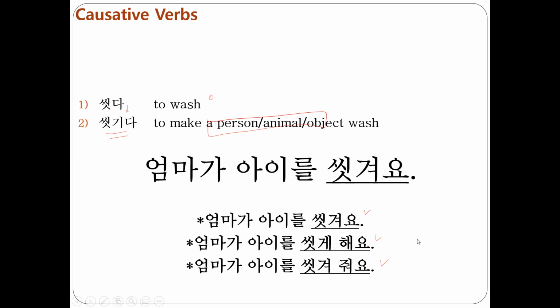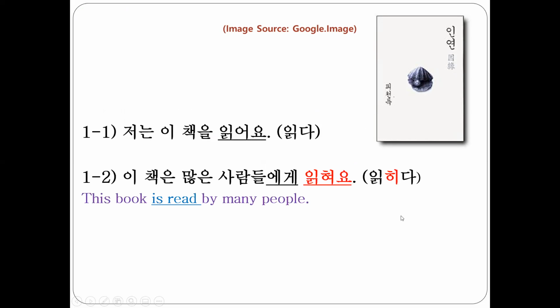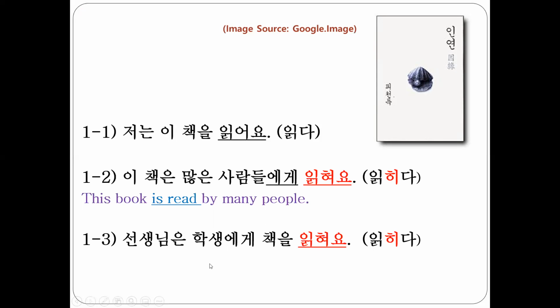자, 그리고 I want to call your attention. 저는 이 책을 읽어요. I'm reading this book, active verb. 이 책은 많은 사람들에게 읽혀요. This book is read by many people. Passive verb죠? 그런데 선생님은 학생에게 책을 읽혀요.